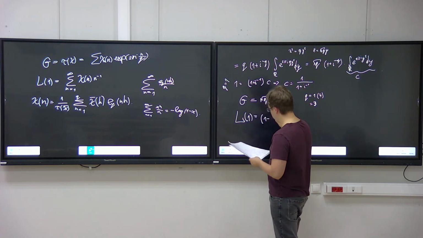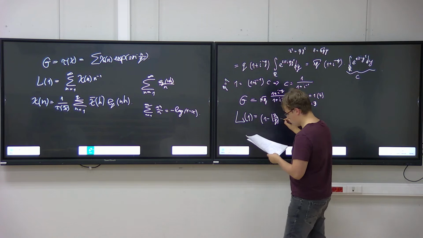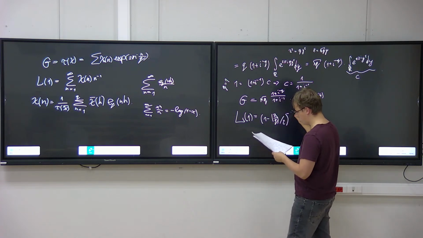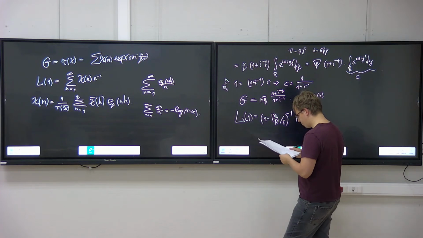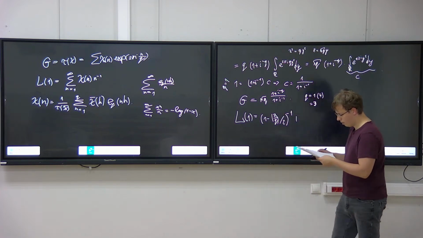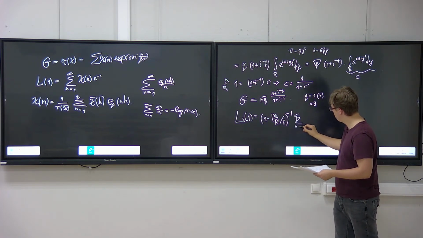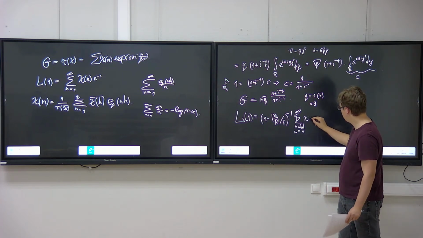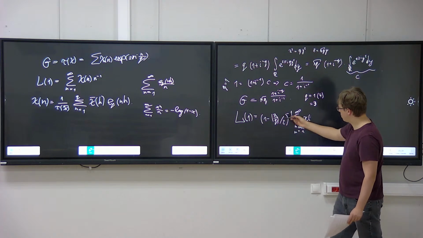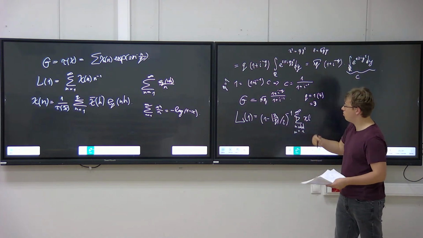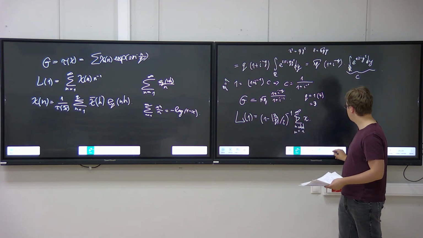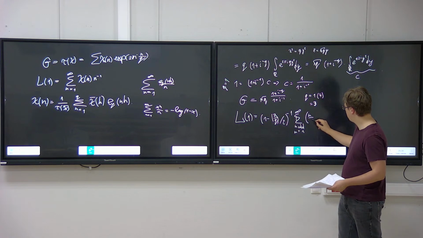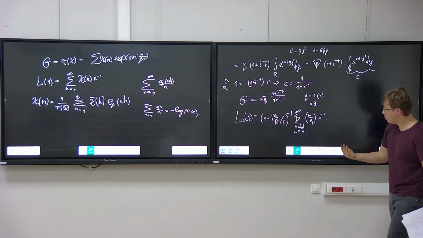It is 1 minus the Legendre symbol of 2 over p, times 2 to the power minus 1, and here will be a sum over odd integers, of the same chi. Here I computed for the Legendre symbol. Let's do it for the Legendre symbol.